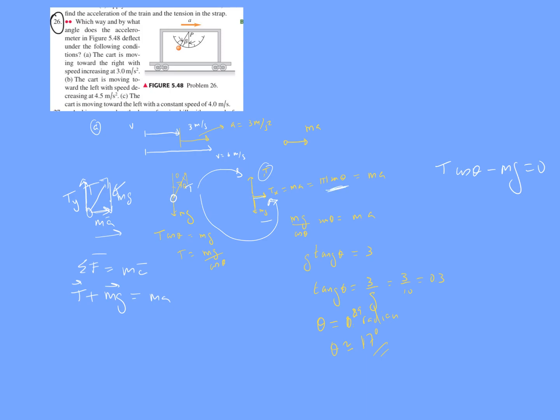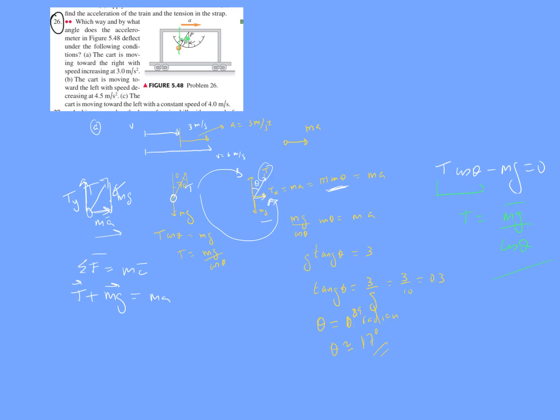This is the T, this is the angle theta, and this theta is the same as the theta in the picture. So T cosine of theta upwards minus mg is 0, so T will be mg divided by cosine of theta. So this is the tension.